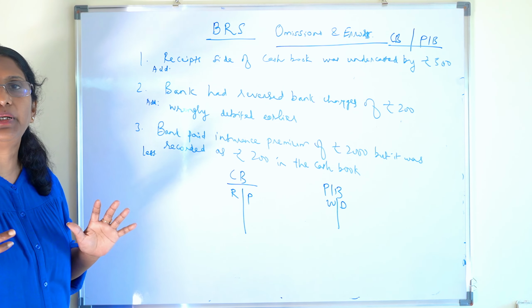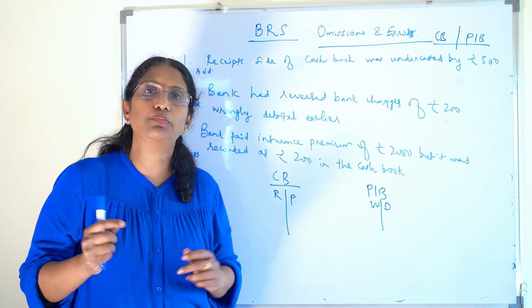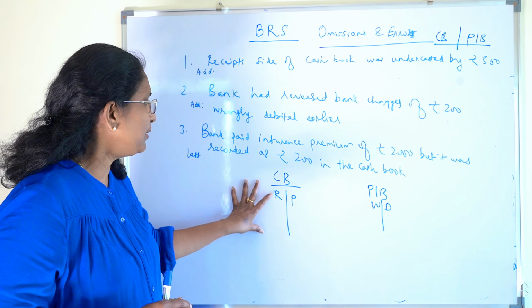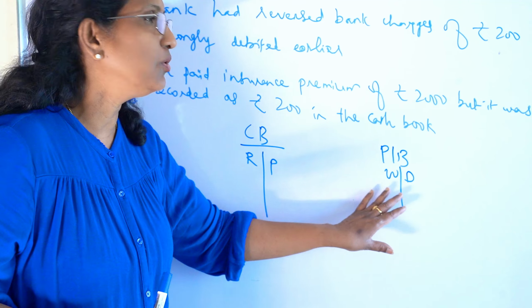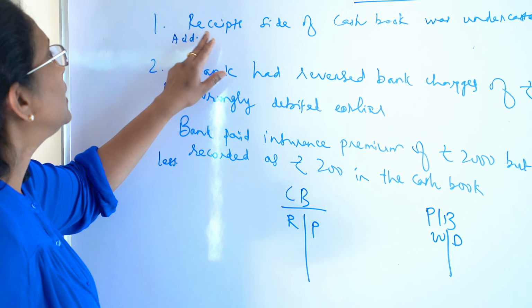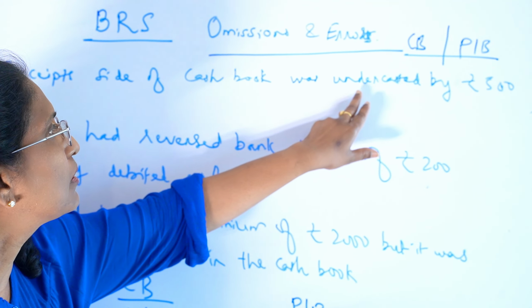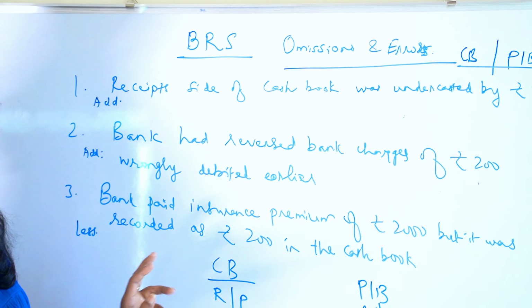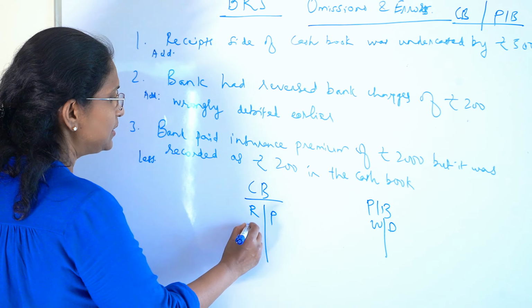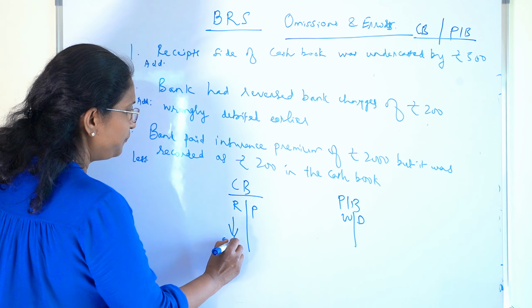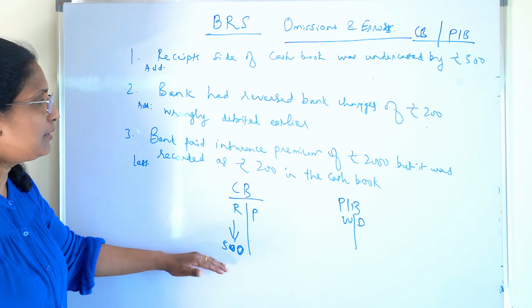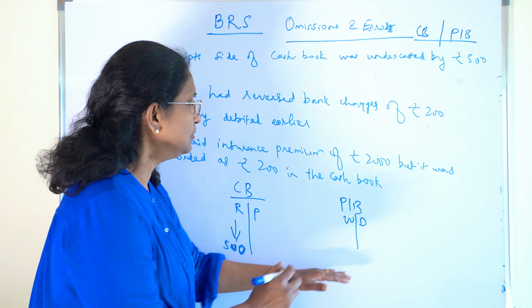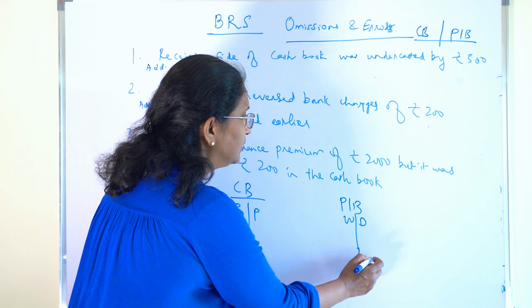If you don't want to remember what needs to be added or subtracted, always keep in your book the receipt and payment, withdrawal and deposit. Receipt side of the cash book was undercasted by 500. So receipt undercasted means by 500 it is written down. Is this book also written down? No, it is high, right?